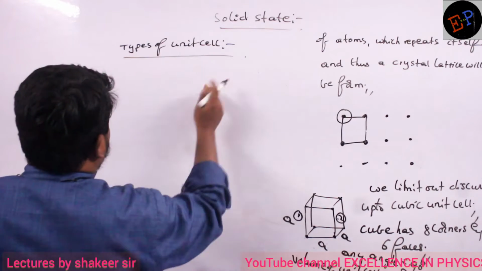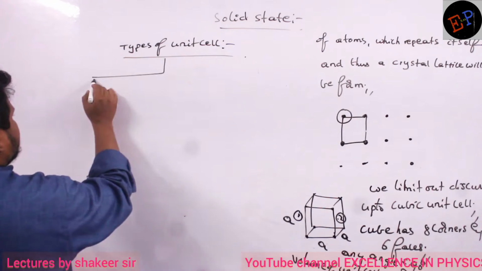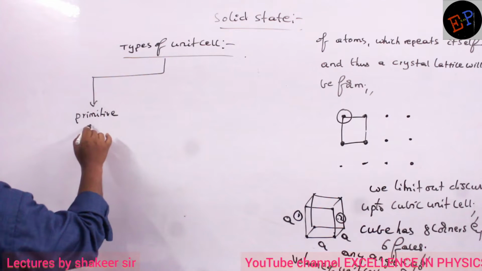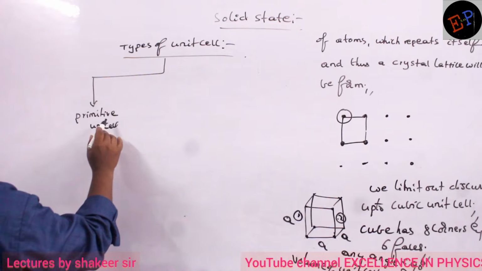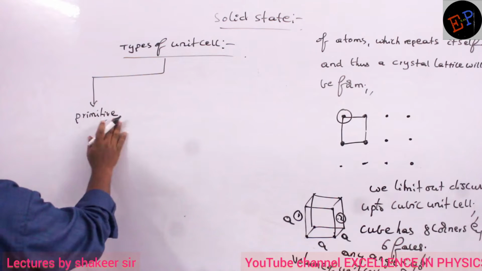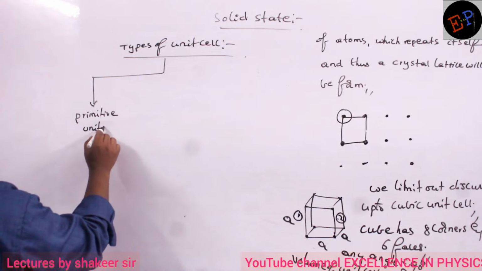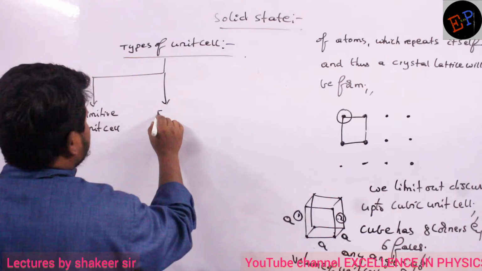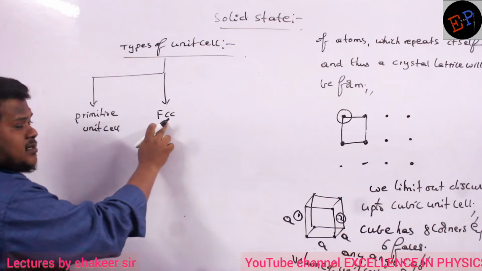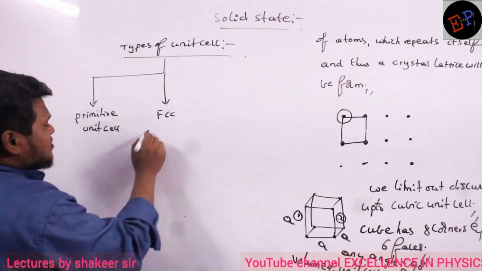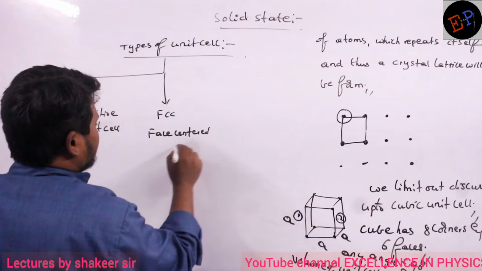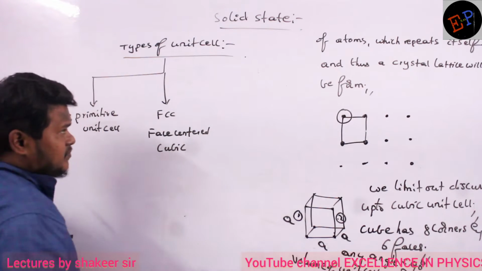First one is the primitive unit cell. Second one you can call FCC, face centered cubic. Write the full form of this one. Face centered cubic unit cell.